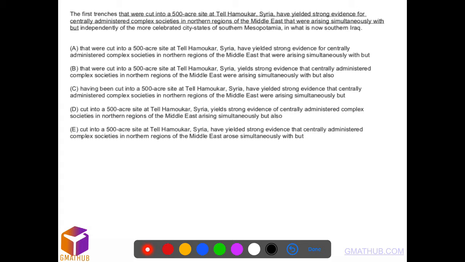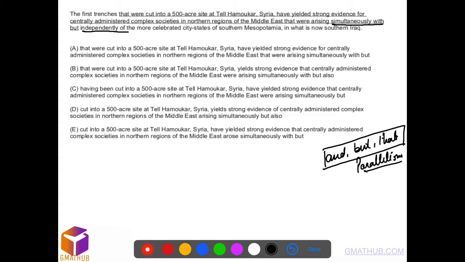Again here, if we see the first split, simultaneously with but independently of. And, but, that, these are three indicators of parallelism. And means the thing before and after and, the thing before but and after but should be parallel. They should have the same structure.